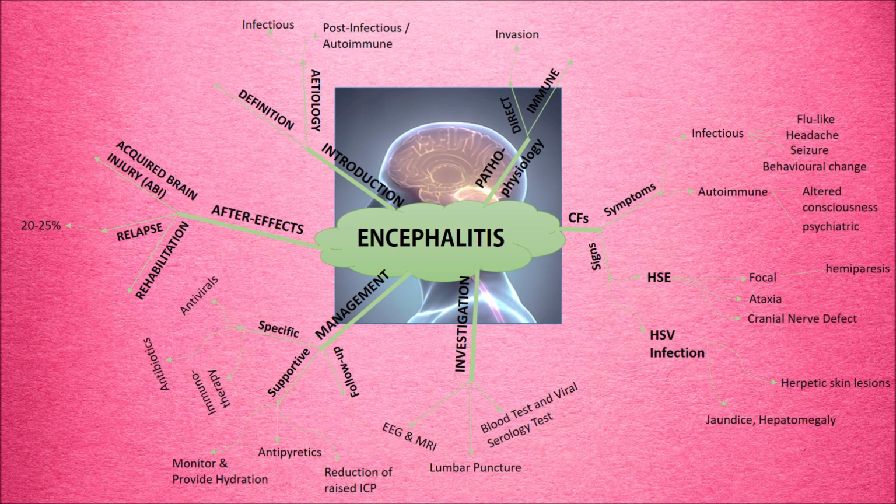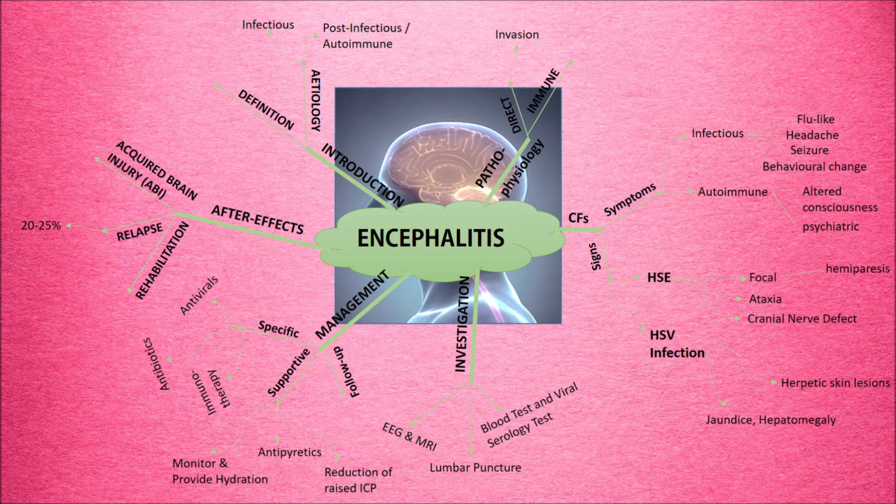For the symptoms, we can divide encephalitis, whether infectious or autoimmune. If it is infectious encephalitis, the patient will usually have flu-like symptoms such as fever. They may also have headache, seizure, and the most prominent symptom is behavioral change, or their behavior is basically uncharacteristic.